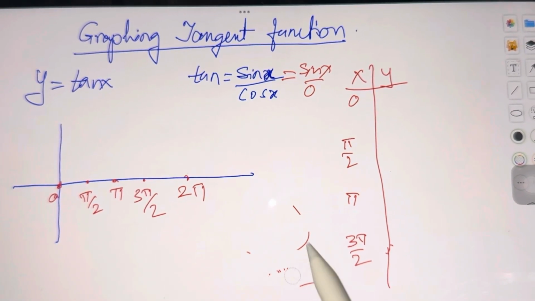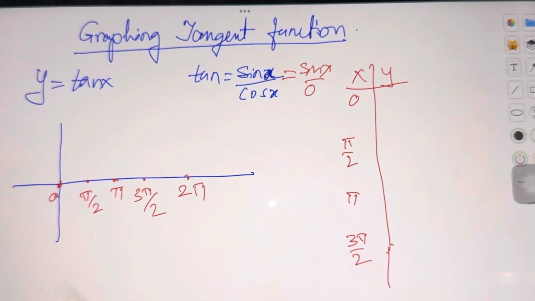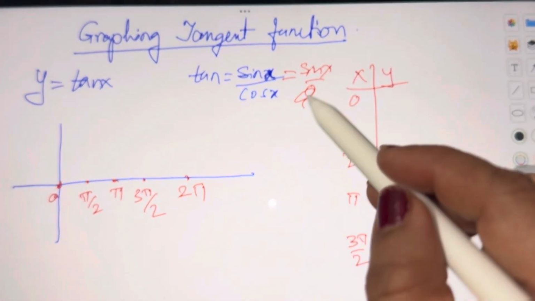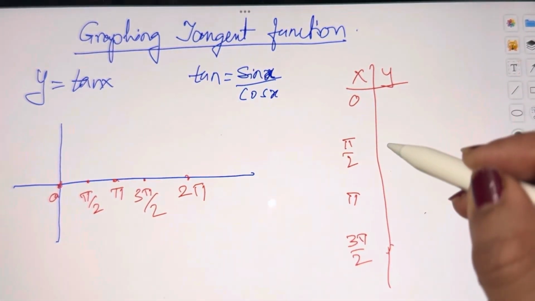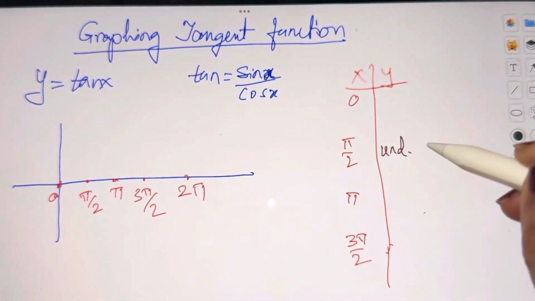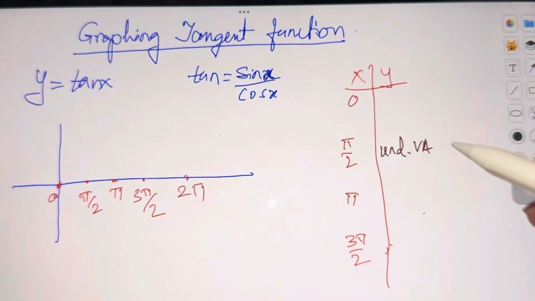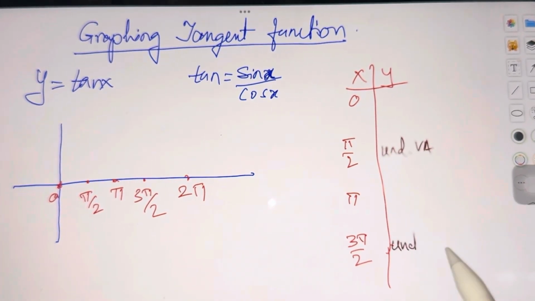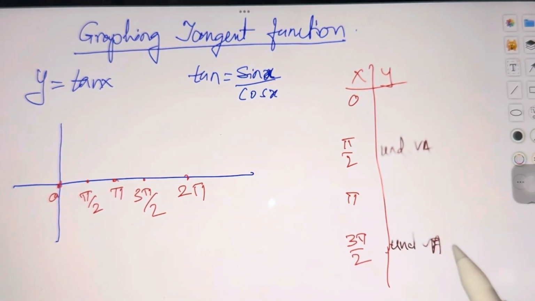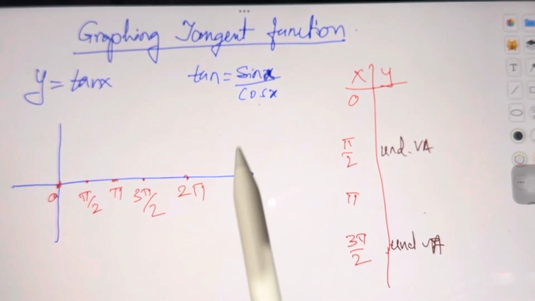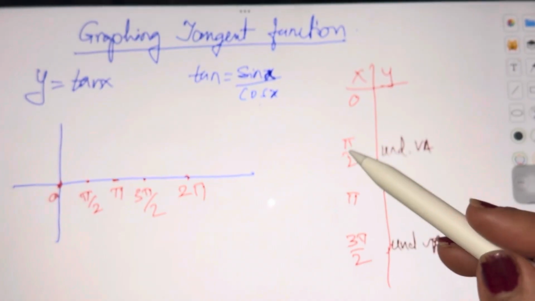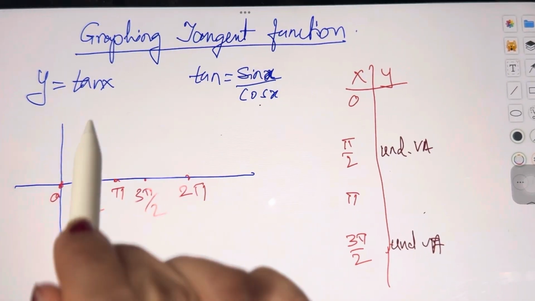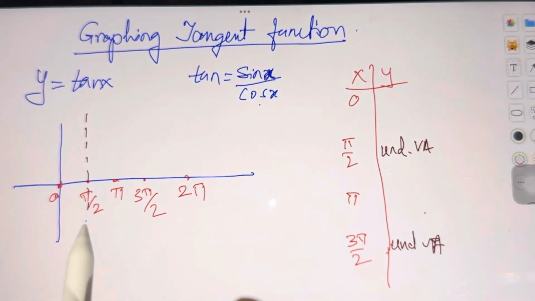So at pi by 2 and 3 pi by 2, we get an undefined answer, which gives a vertical asymptote. Why? Again, because anything divided by 0 is undefined. So we understood that at pi by 2 and 3 pi by 2, we will have an asymptote.